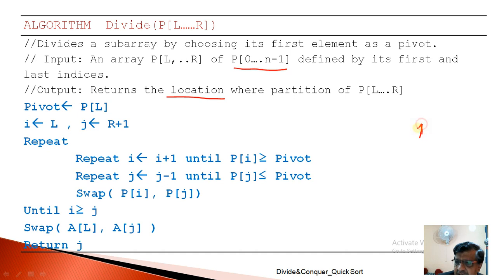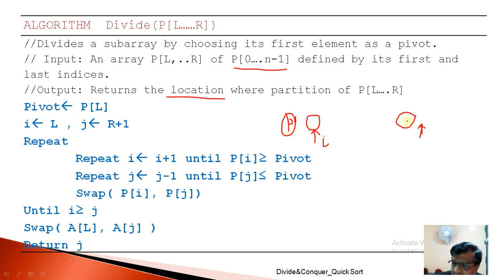Whenever we say J equal to J minus 1, it has to come and occupy the last element. Whenever we say I equal to I plus 1, it has to come and stand at the element which is just beside the pivotal element, so that this element should not miss the comparison with the pivotal element.